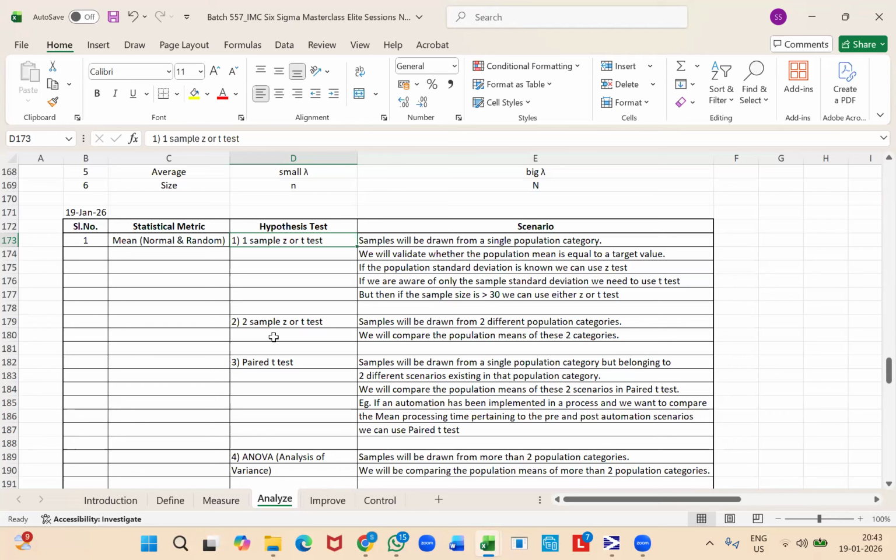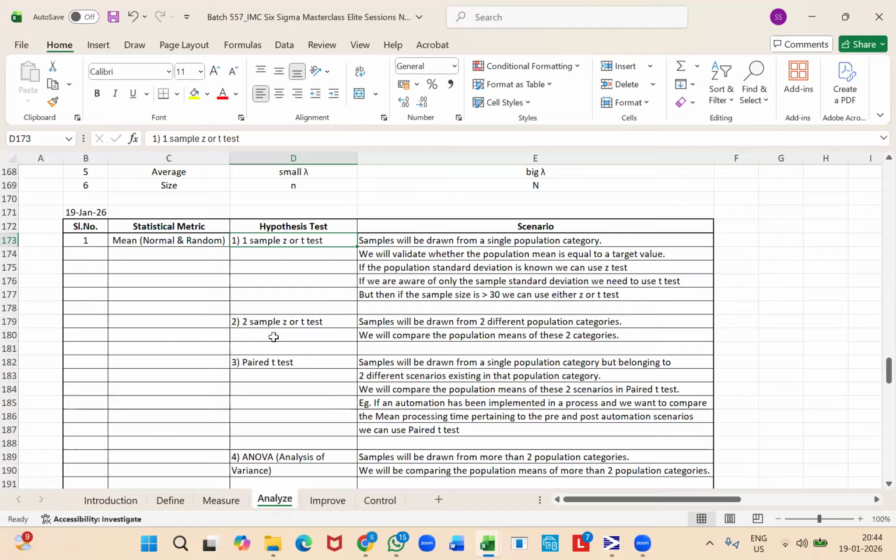The new brand of motorcycle. It could be brand A or whatever. So the single population category is brand A, right? We are going to draw samples only from that category, and we are validating whether the population mean mileage provided by this new brand of motorcycle is exceeding 50 kilometers per liter or not, right? So we are actually validating whether the population mean is equal to some target value. For this scenario, we will apply one sample mean test.